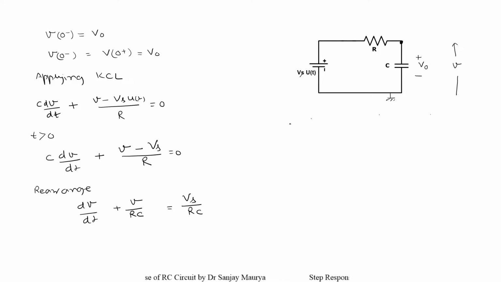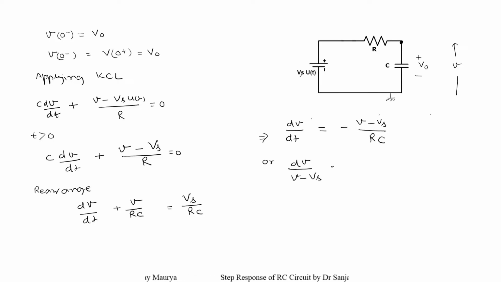I can write it as dV/dt is equal to minus (V minus Vs) by RC, or I can write it as dV over (V minus Vs) is equal to minus dt by RC.